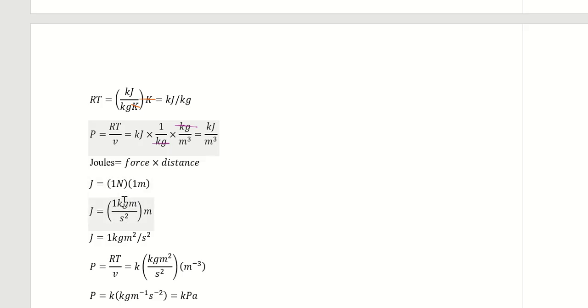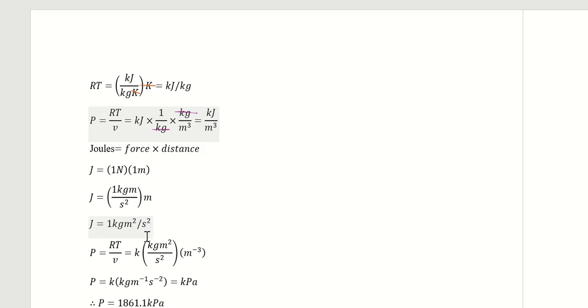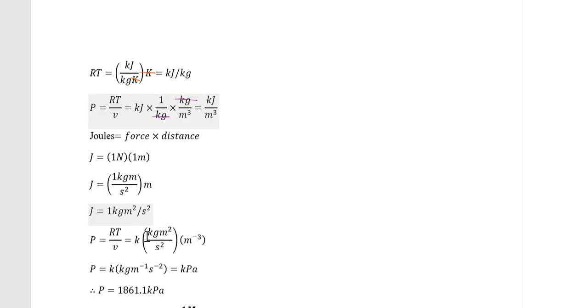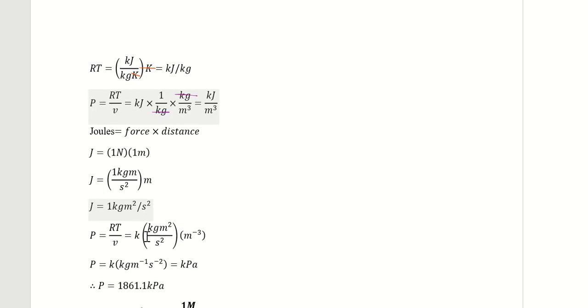That's why we're substituting for the Newton. The distance is 1 meter. So once you multiply the two, you get 1 kilogram meters squared per second squared. Are we good? Yes, we're good.